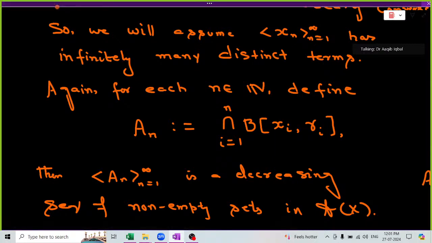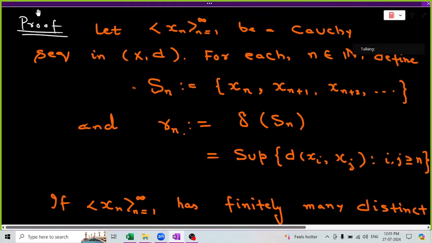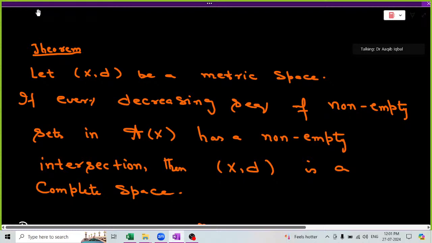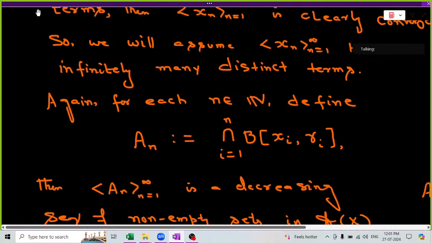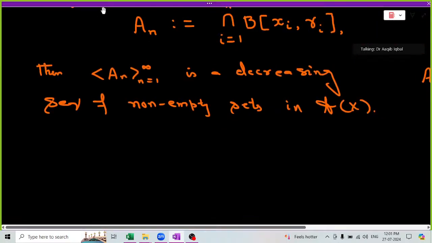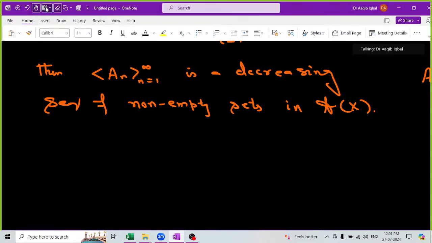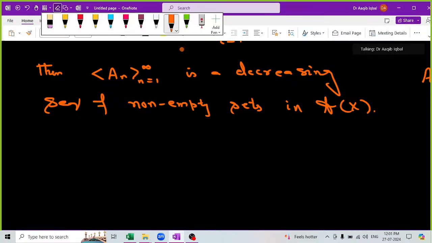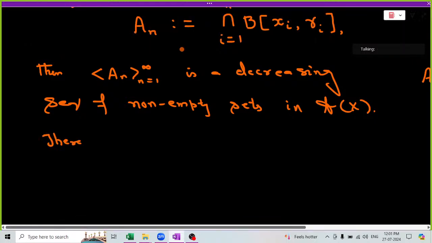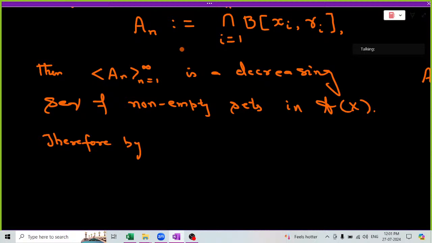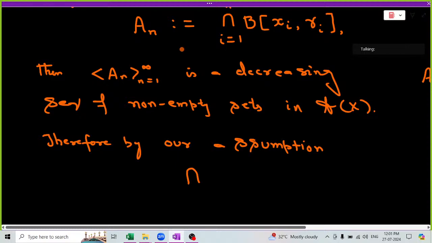So by our assumption: every decreasing sequence of non-empty sets in AX has a non-empty intersection. Now that this is a decreasing sequence of non-empty sets in AX, by our assumption it must have a non-empty intersection. Therefore the intersection of all the ANs is not phi.